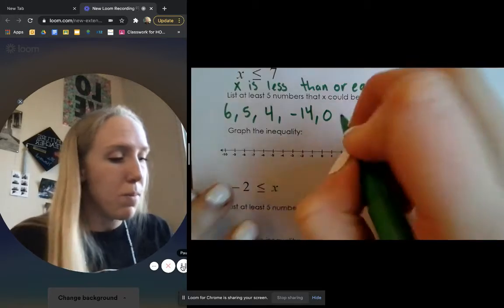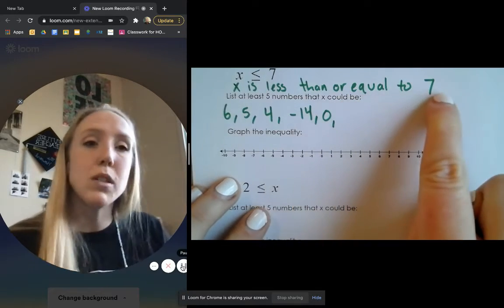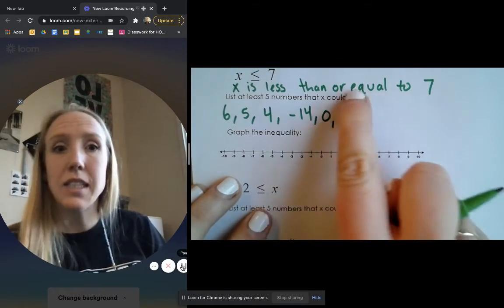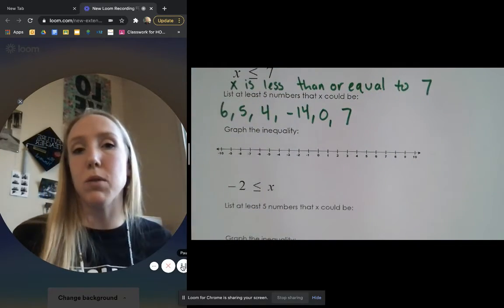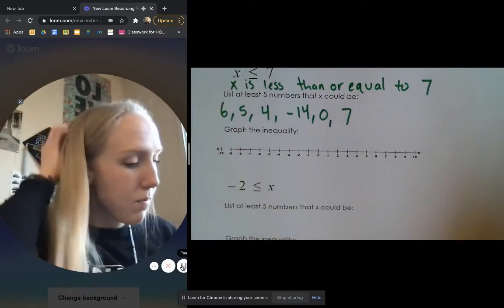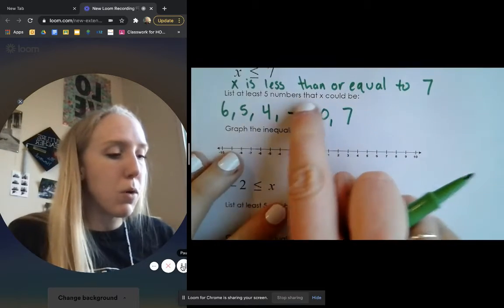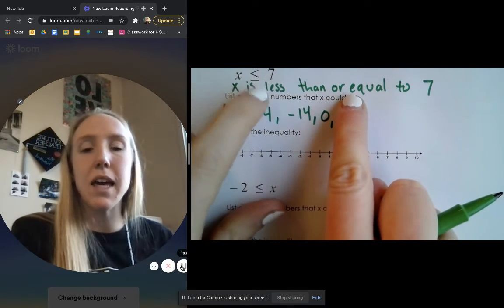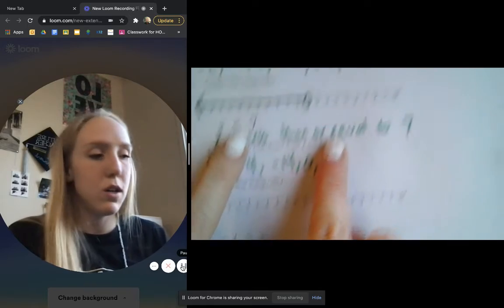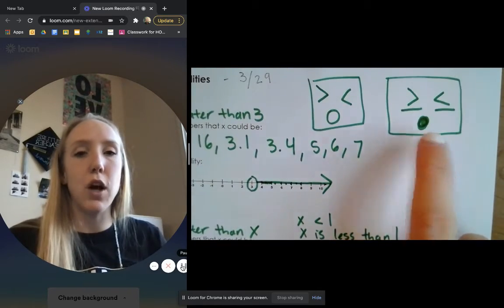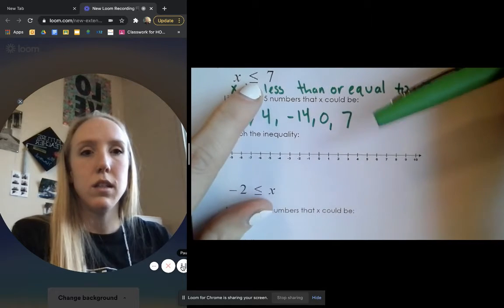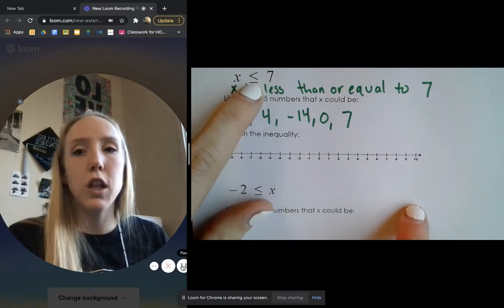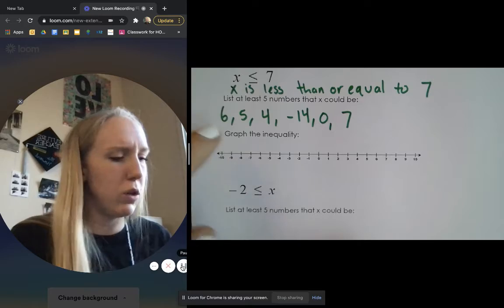Now here's the thing though. It can also be equal to 7. Since it can be equal to 7, we're going to include 7 in the numbers that it could be equal to. So remember, when we have something that can be equal to that number, we are going to use a solid point, a colored in point. Sometimes people call it a closed point, closed dot.